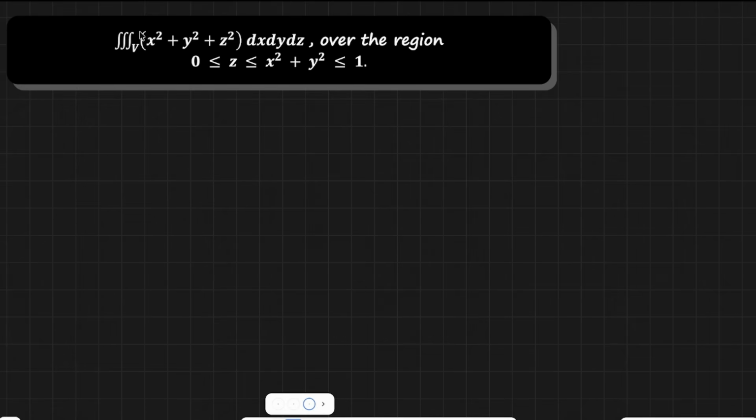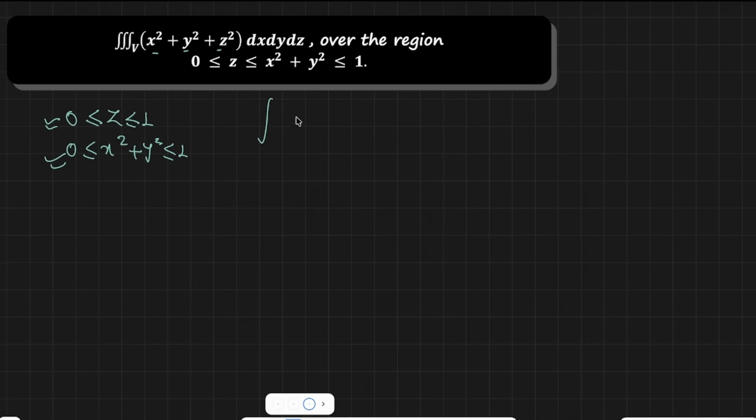Now let's see if a question is given like this. It is again x square plus y square, but z is given, not z square. The z limit is from 0 to 1, and x square plus y square is less than 1. So one circle and z is given, then it is called a cylindrical region.